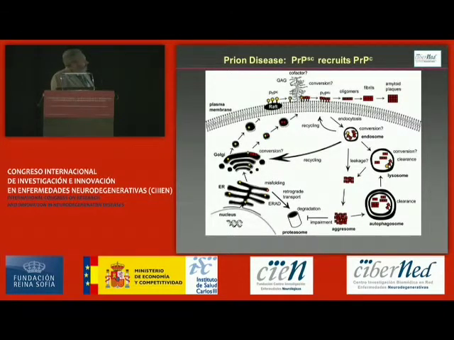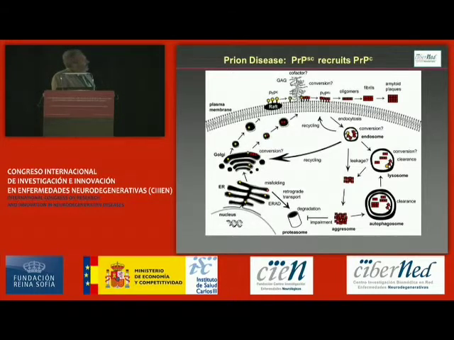Apparently, we thought a long time ago that this is the only protein that is able to infect by recruiting the normal protein. In this scheme, you can see just the hypothetical recruitment.